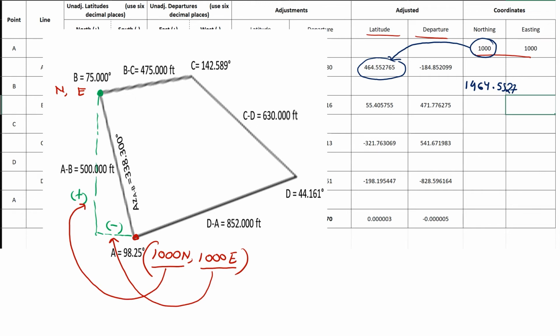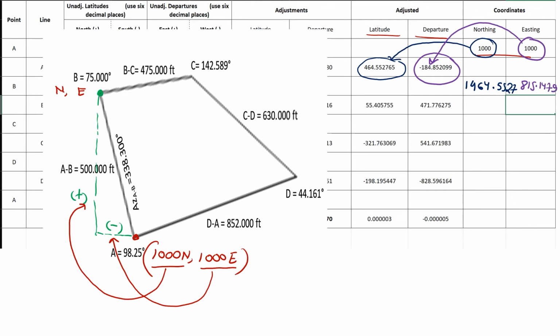Okay, so how do you find the easting for B? So you take this and you add to the departure. Okay, so if you do that, then you get 1000 minus 184.852099. So this would be 815.1479.